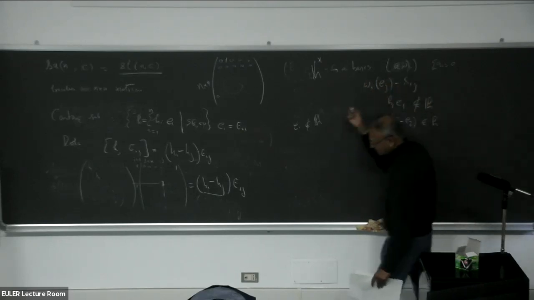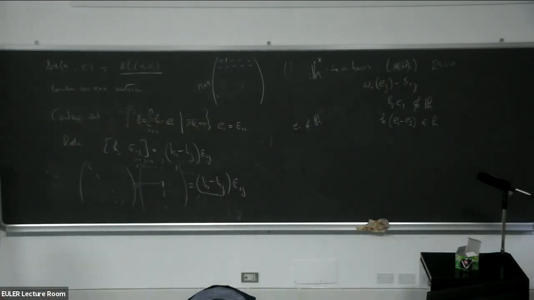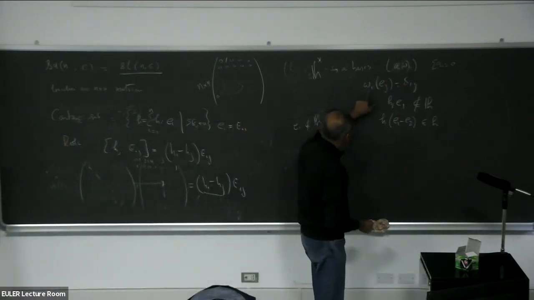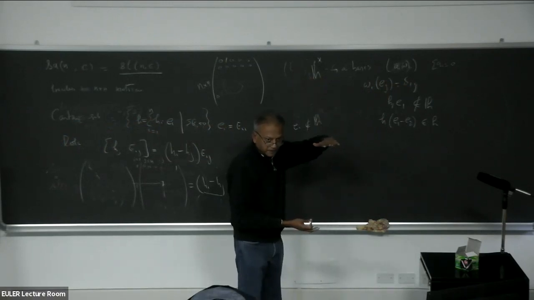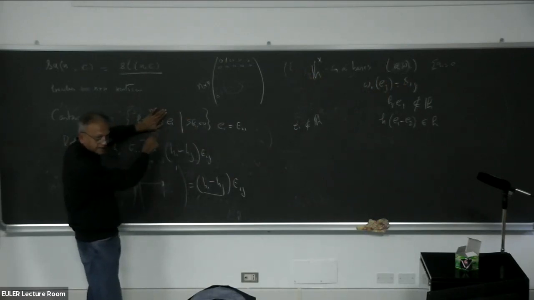Remember, the dual vector space contains elements which are linear functions, which map the vector space to real numbers, right? So I define this basis omega_i in a bigger space, first of all, not in H star, but in the space dual to the n-dimensional space generated by E_i.